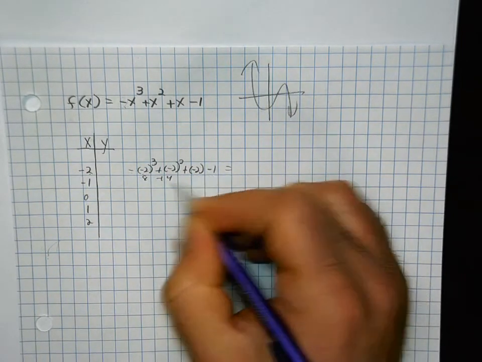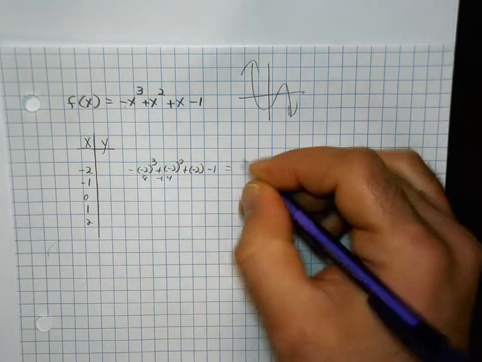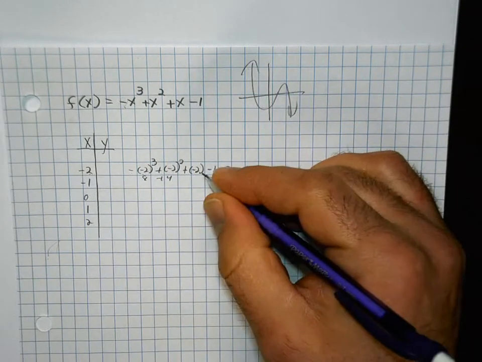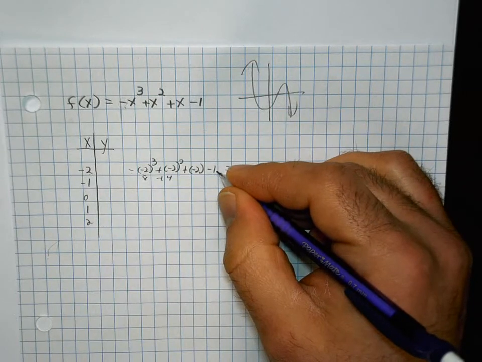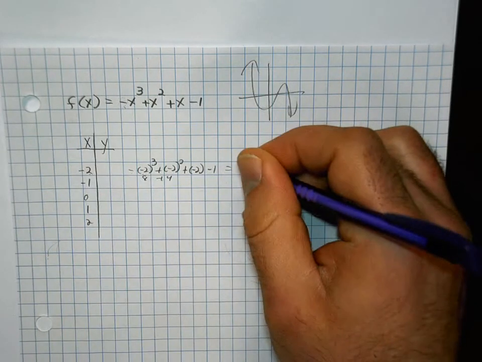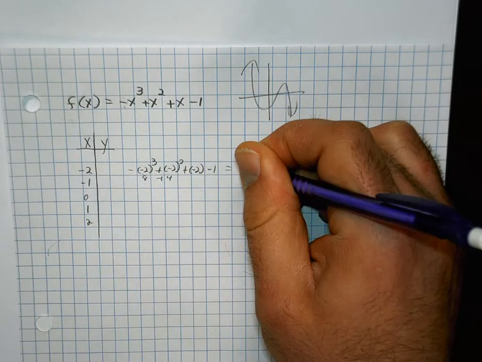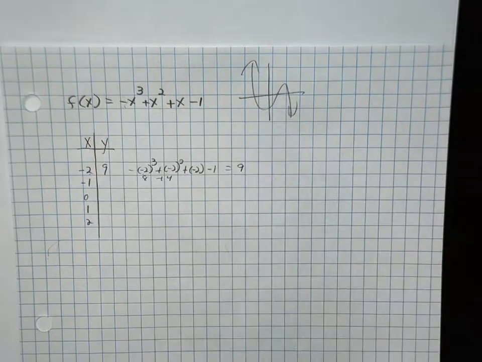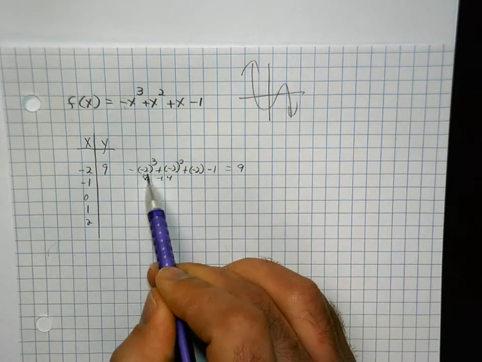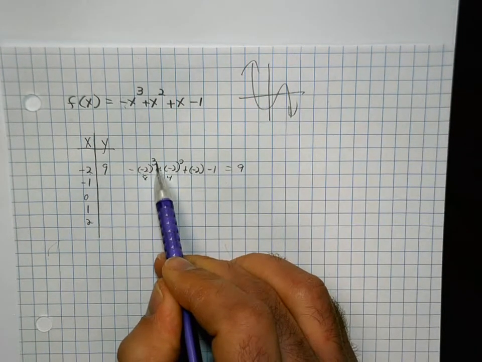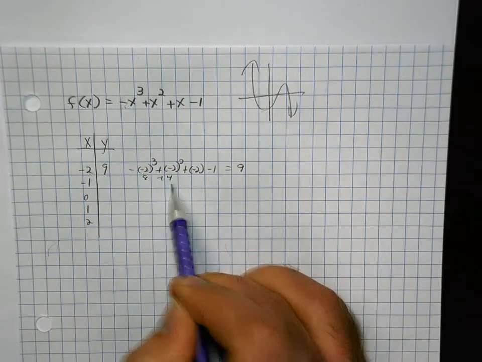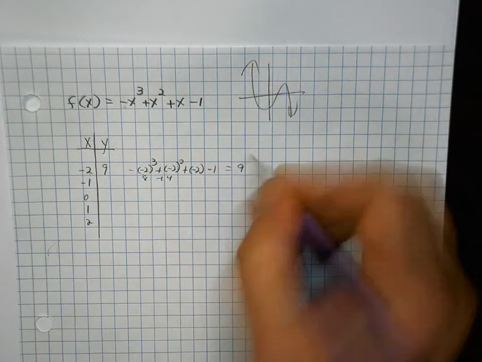This is -2 and -1. So 12, 10, 9. So that's 9.